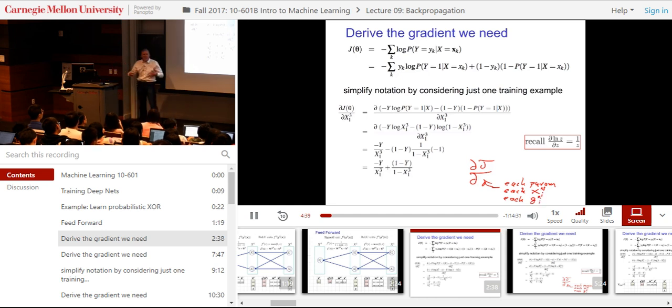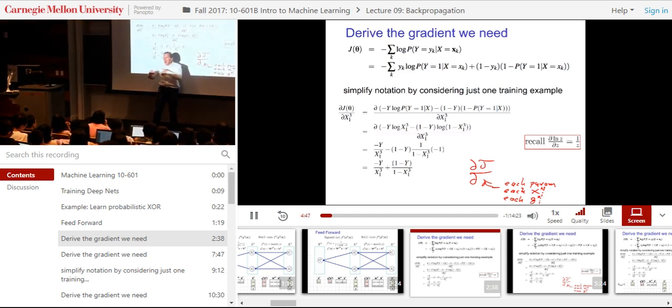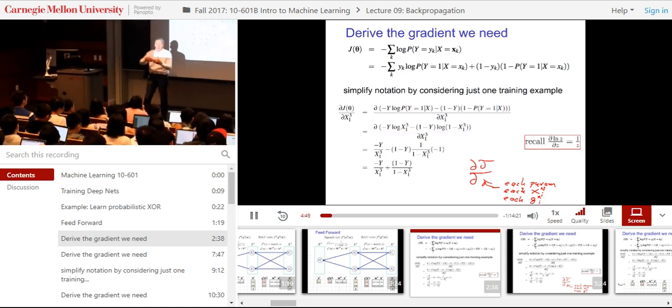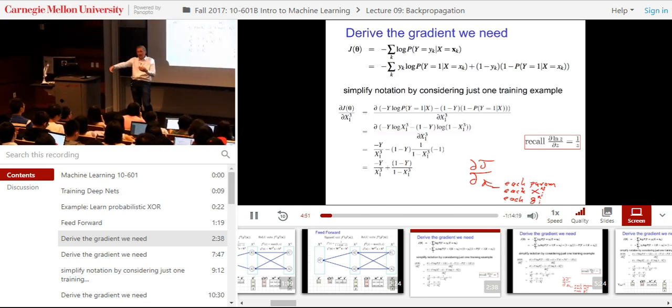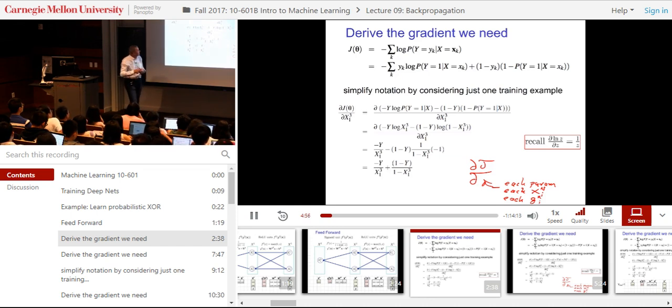Remember, g is just the internal computation inside the unit, then we apply the activation function to it. And it turns out that by getting all of these, I'll set up a system where it's easy to calculate the next derivative based on the derivative I've already computed. Okay, so the first one is, let's look at the derivative of the output of the network.